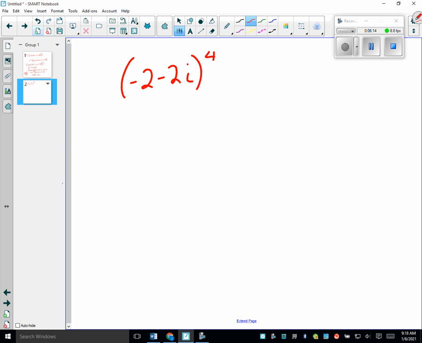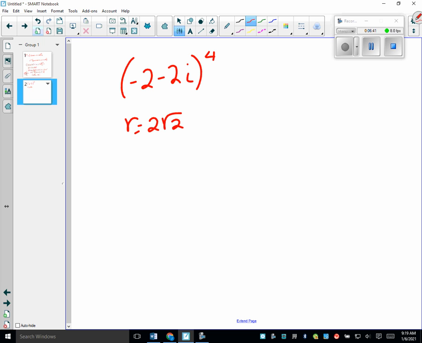This is still easier, isn't it? Okay, what's r? r should be easy for you. 2 radical 2. Right? Everybody okay with that? We can do that one without having the calculator help us, I think. r is 2 radical 2.